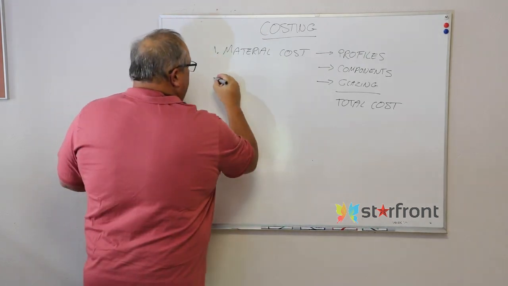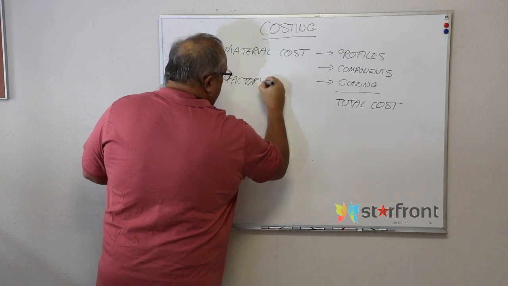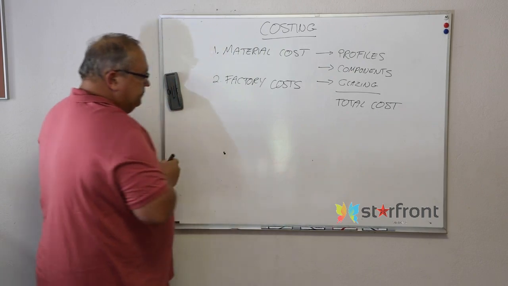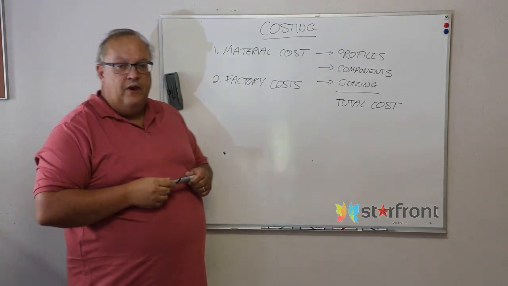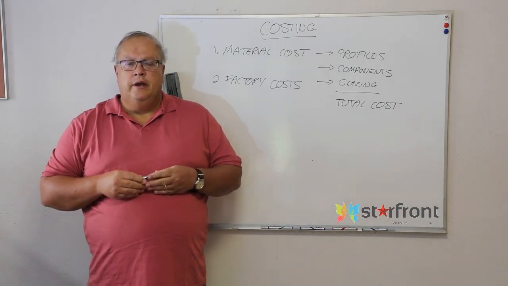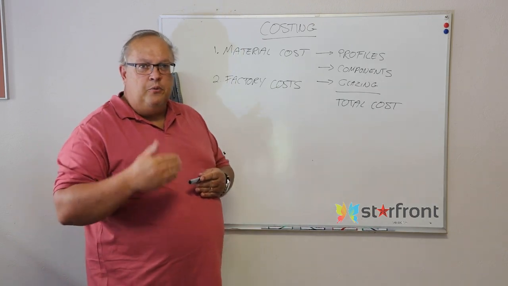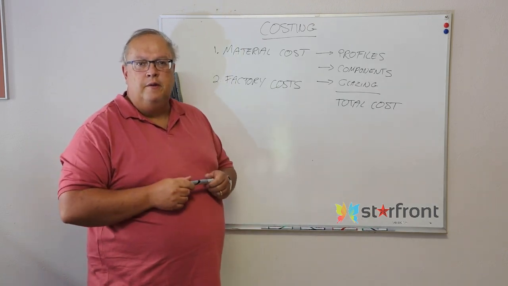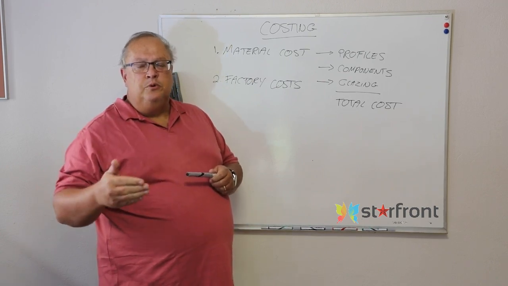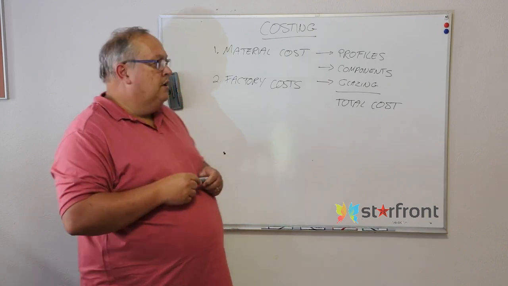So let's start off considering our factory costs. Our factory costs are made up of two components. It's made up of an amount that I pay my factory workers to manufacture the aluminium windows, plus an amount which represents my factory overheads on top of that.